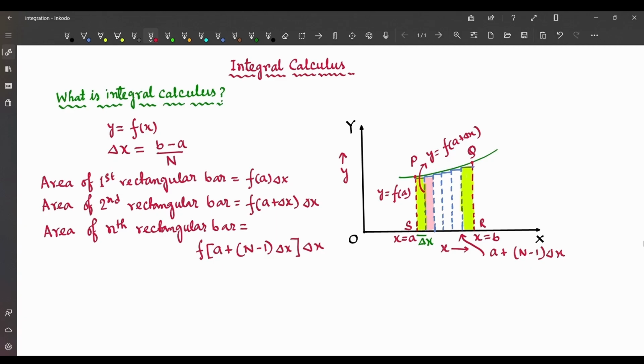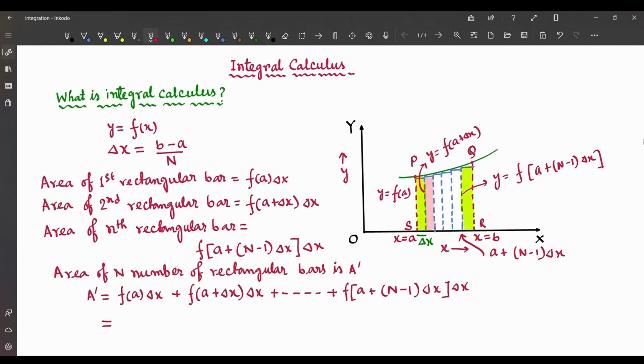Therefore, the corresponding y is equal to f(a plus (n minus 1) del x). So the area of the n rectangular bars is the addition of all the rectangular bars. Therefore, we can write this as the summation of f(xi) into del x, where i is a general number from 1 to n.